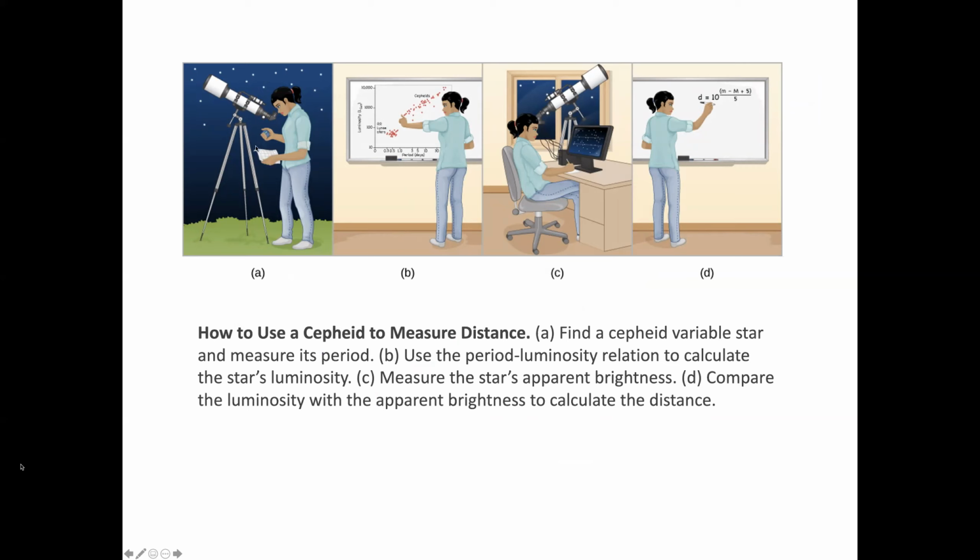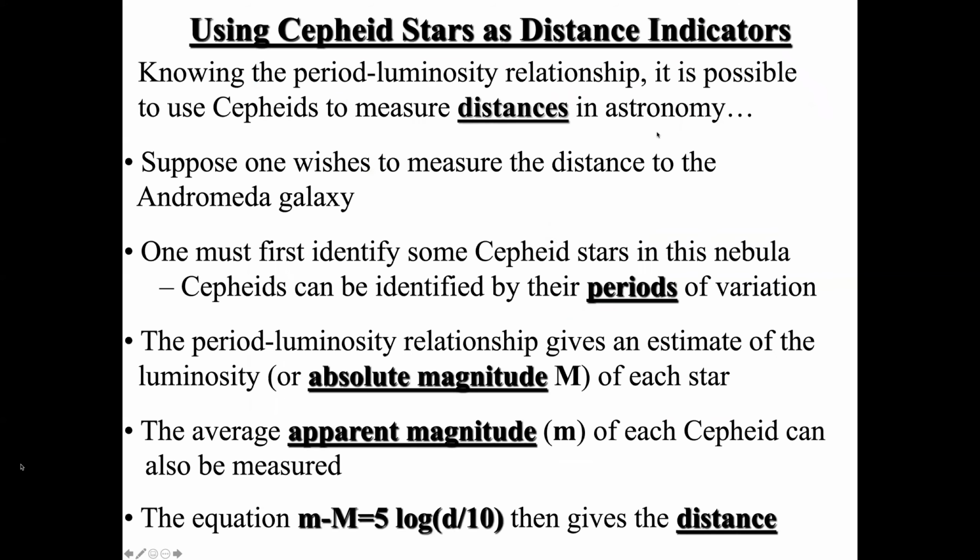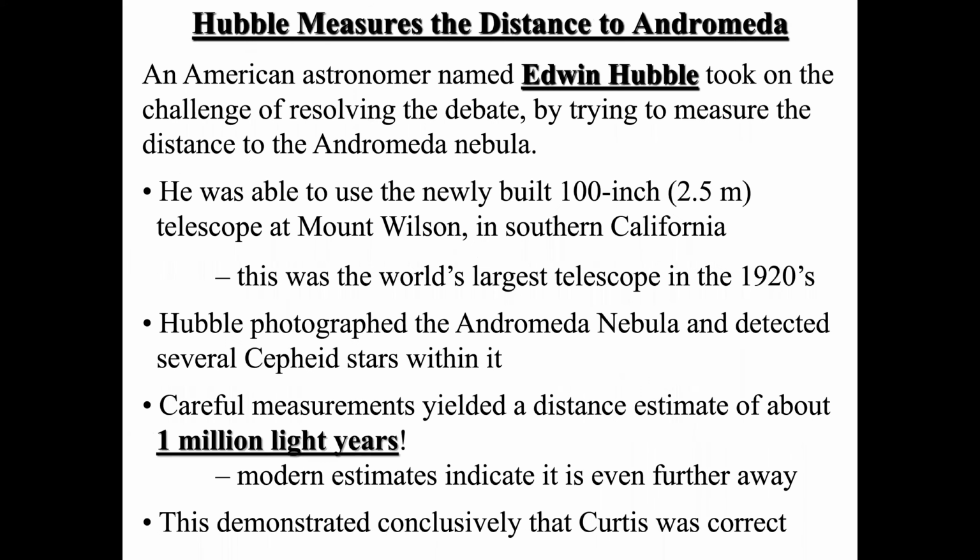First, you find a Cepheid star, and then you use the diagram, which is the period luminosity relationship, to find the luminosity, and the luminosity can be converted into the distance by knowing the apparent magnitude of that particular star as well. For example, you can measure the distance to the Andromeda galaxy in this way. As I have explained here, the only thing that you have to do is look for some Cepheid variable stars in that particular galaxy. Right.